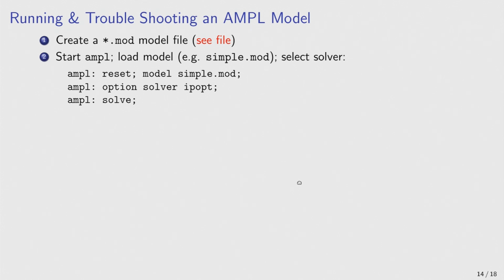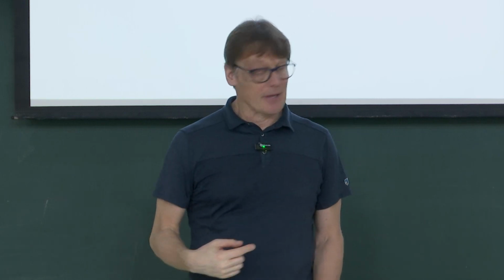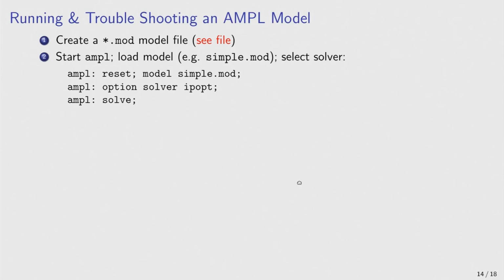And I just start every new problem with that word, because then I'm not going to have conflicts with other things that are already defined. And then I tell AMPL that there is a model that's called simple.mod. So this mod file is actually something that we can send you. I choose a solver, in this case IPOpt, but you could have chosen Nitro, and I solve.